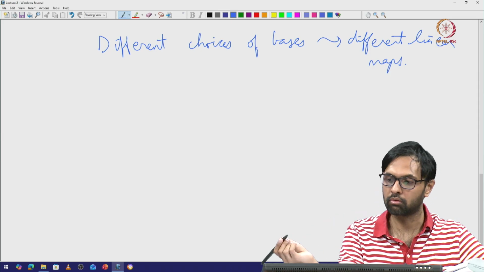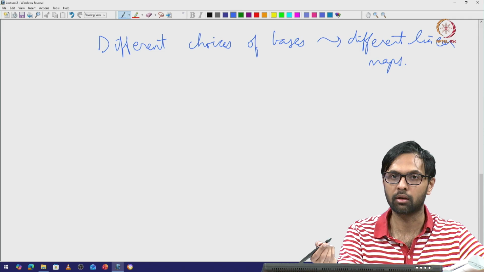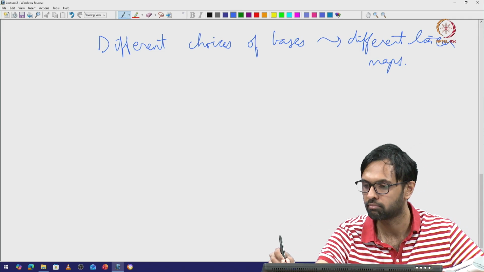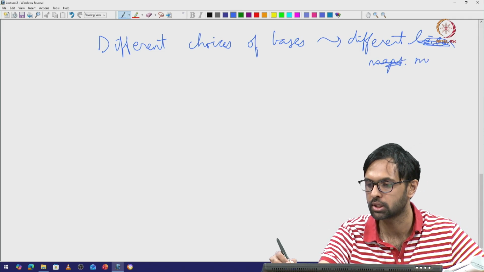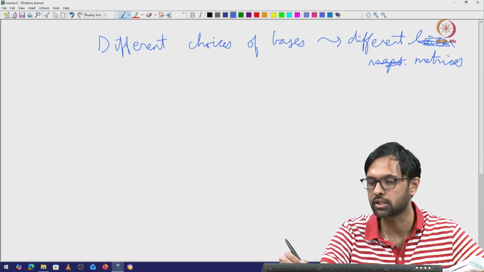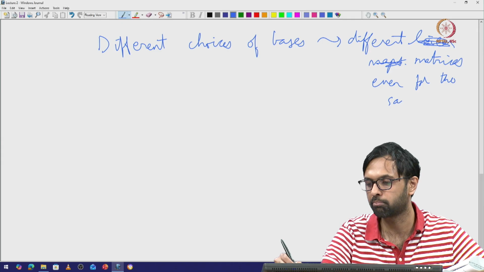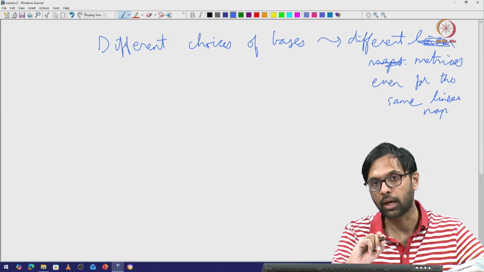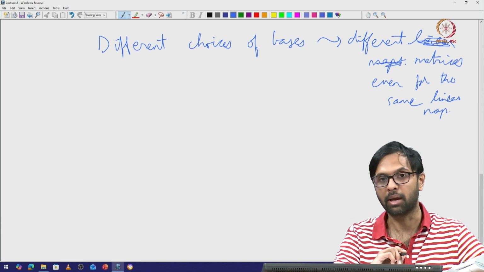In fact, even for the same linear map, you get a different matrix. Okay. Sorry about that. Even for the same linear map, you get a different matrix.